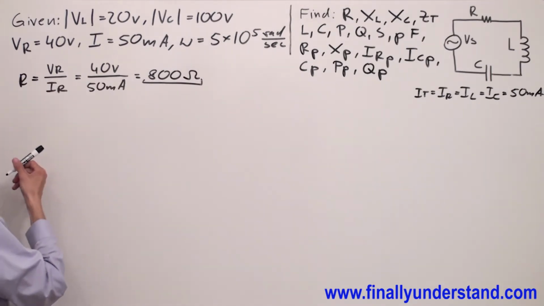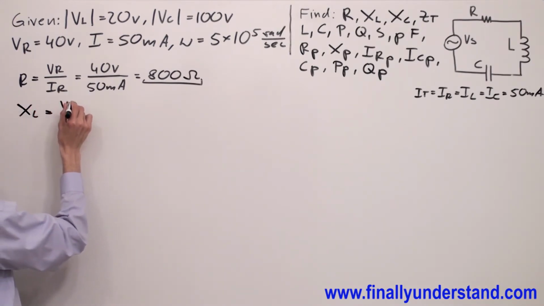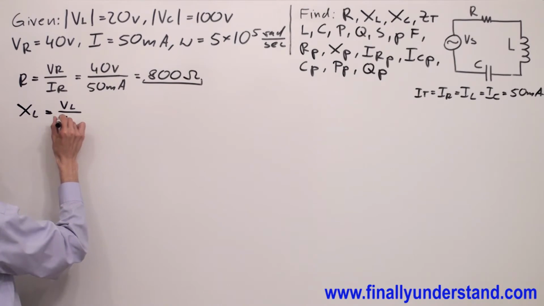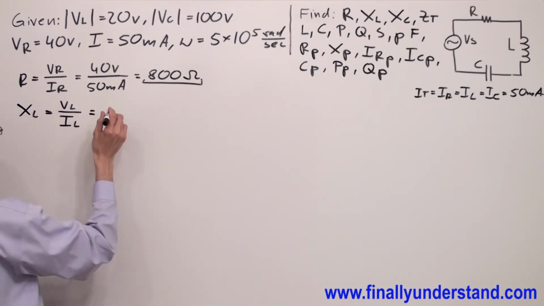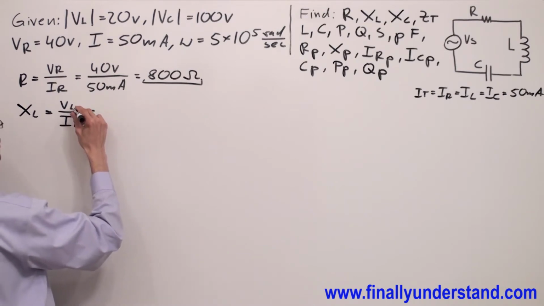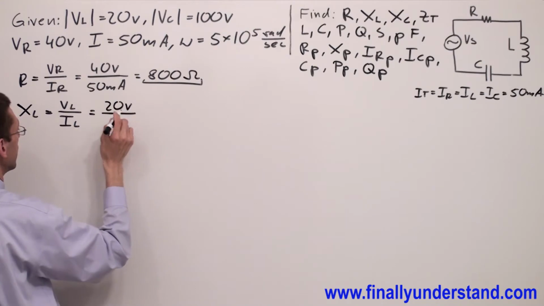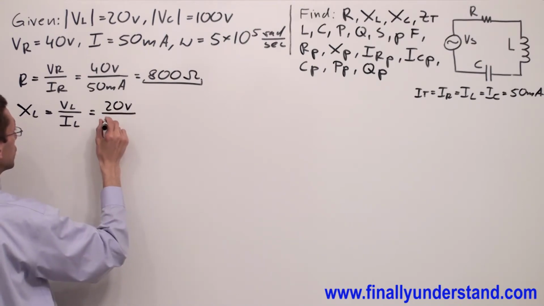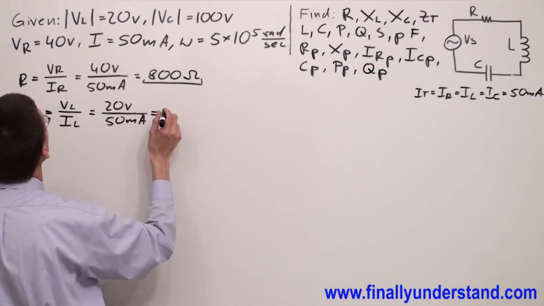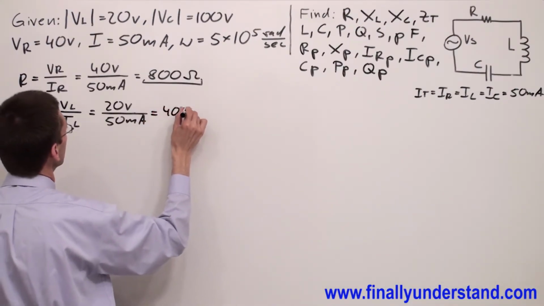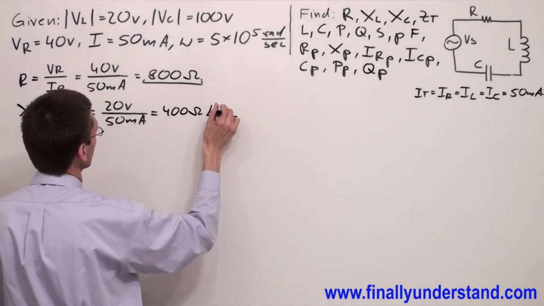Next, I'm supposed to find X of L. X of L is equal to the voltage across the inductor over the current which goes through the inductor. So I have VL equal to 20 volts divided by IL, which is also equal to 50 milliamps. This is equal to 400 ohms and angle of 90 degrees.